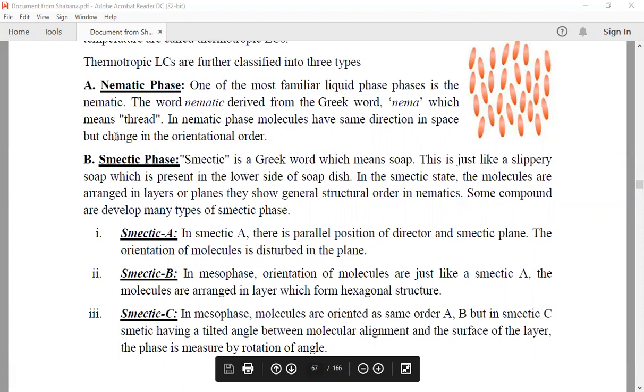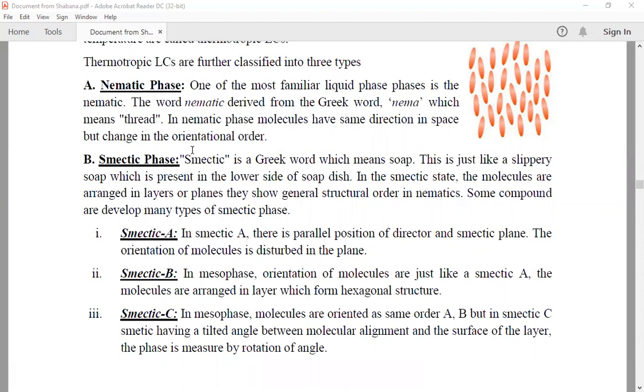Coming to the first one, that is the nematic phase. Nematic is derived from the Greek word nema, meaning thread-like structure.